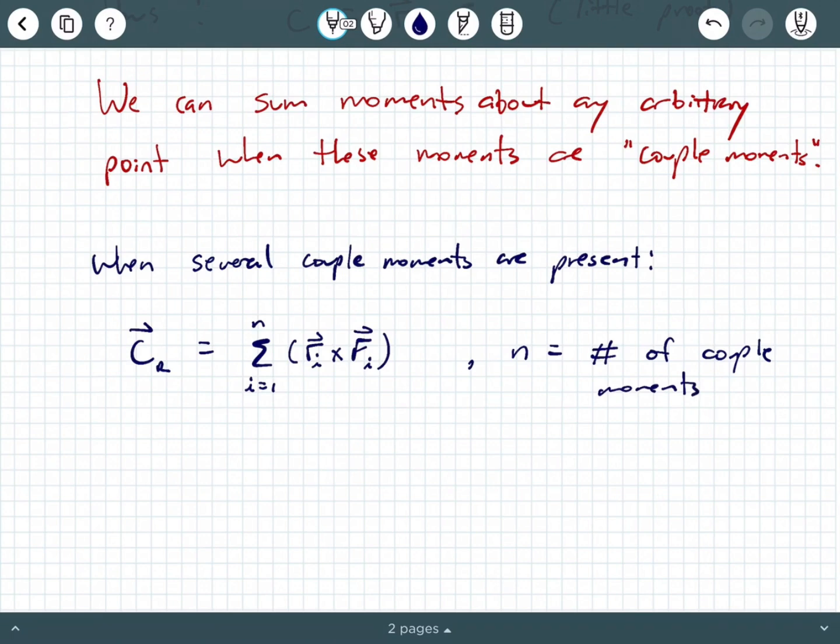So again, we just add up all of the couple moments together if you have multiple of them acting in a system. So that's the background of it. And in the next couple of videos, we're going to see some examples of this.